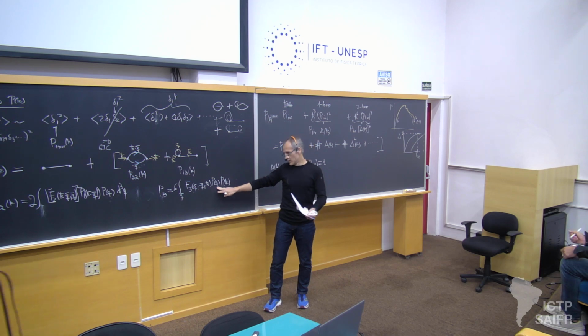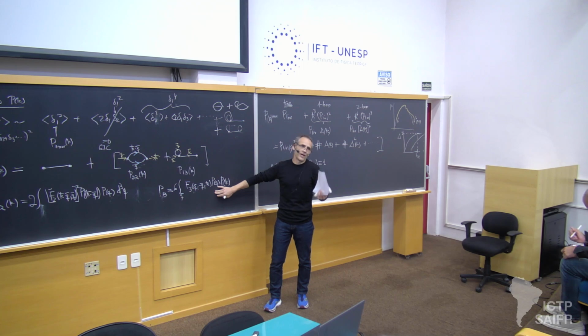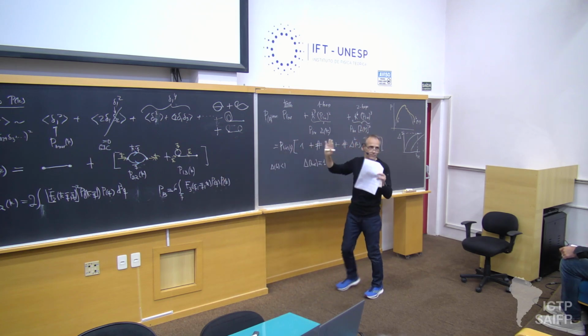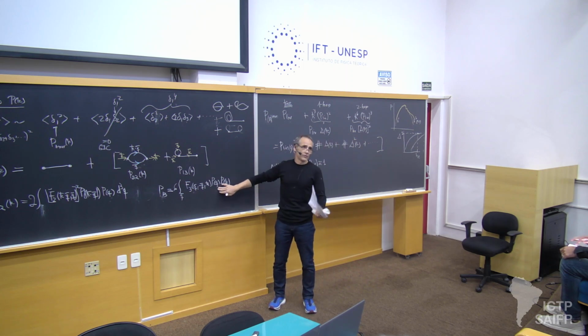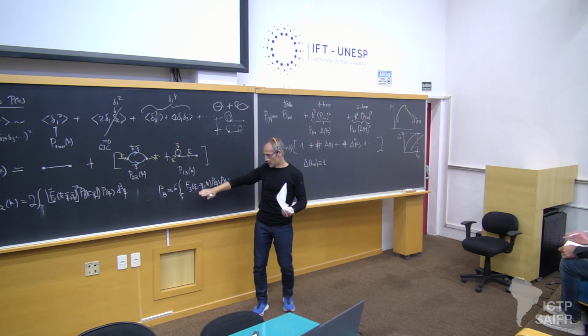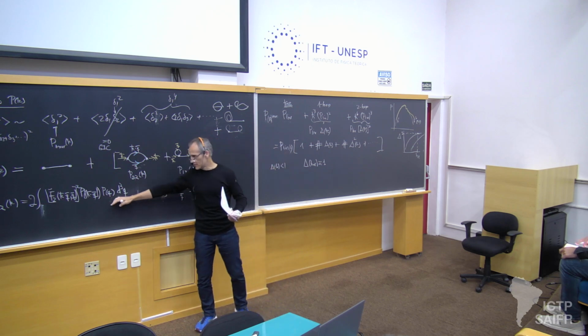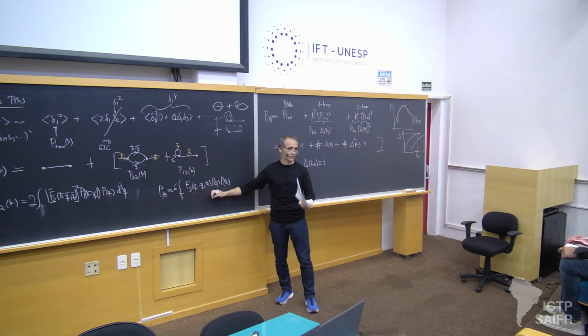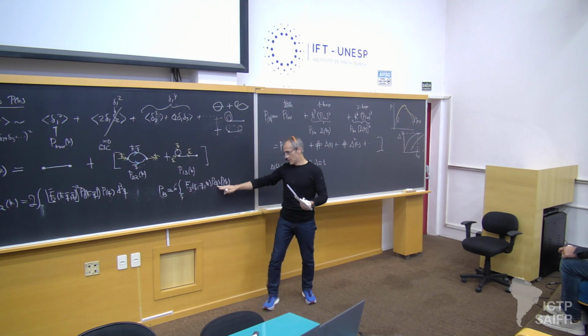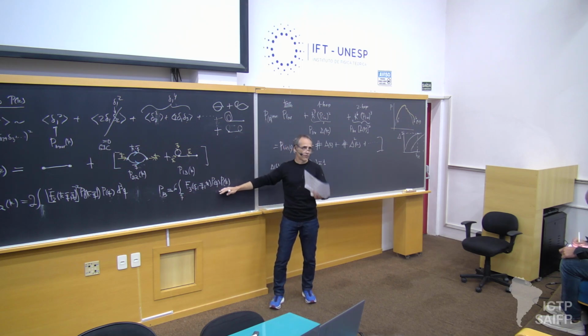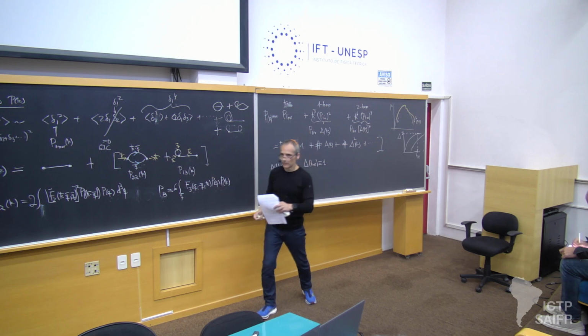So you have to ask, are these integrations what we call UV sensitive? Do they diverge? The answer is no, for this kind of spectrum. But they will be sensitive to the nonlinear regime. In particular, at this order, this one is very insensitive, but this one is a bit sensitive. So you don't have to do a renormalization in the sense that it will diverge, but you have to worry that you are integrating over momenta where this description is not quite right. We'll come back to that later.